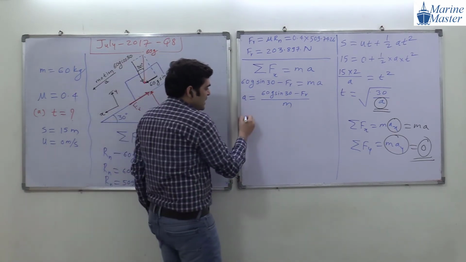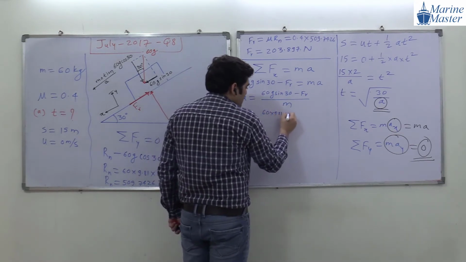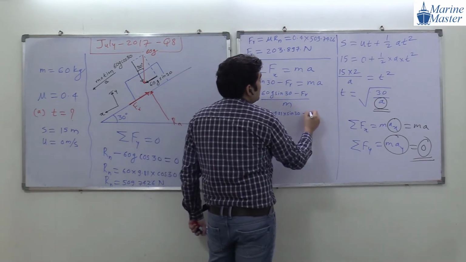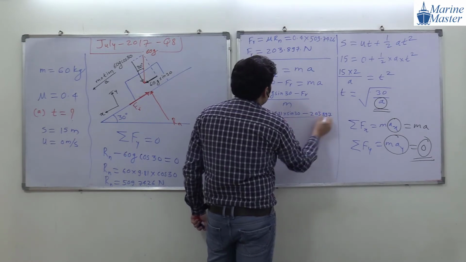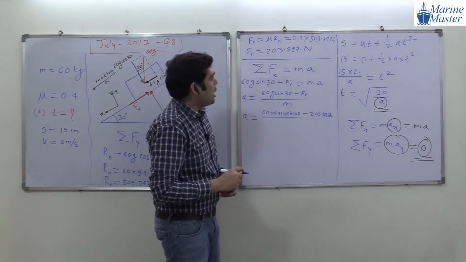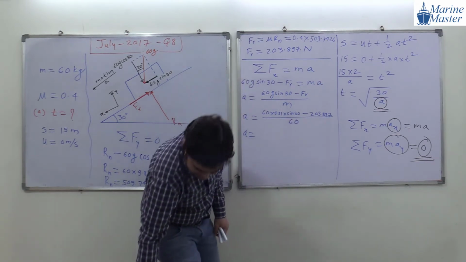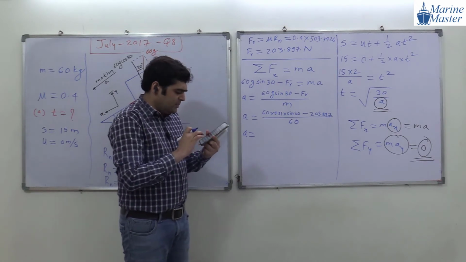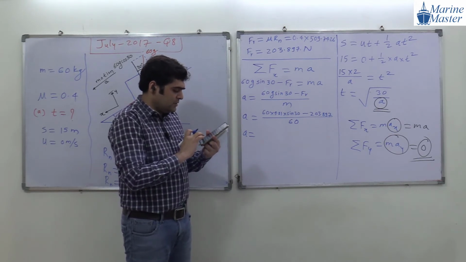So acceleration will be equal to 60 multiplied by 9.81 multiplied by sin 30 minus Fr, which is 203.897, divided by mass, which is 60. Please everyone do the calculation and tell me the value of acceleration. Very simple numerical, guys. If you are good with the friction chapter, then this chapter is too easy, not that difficult.